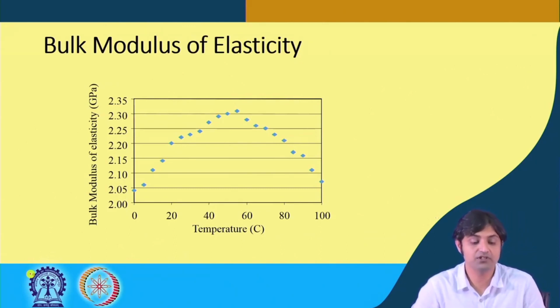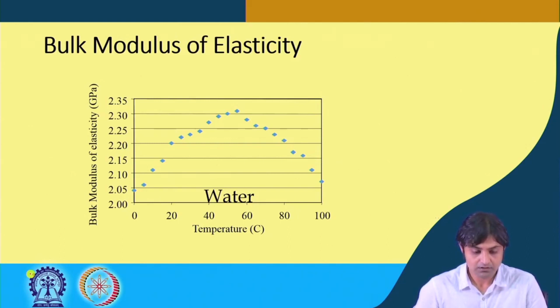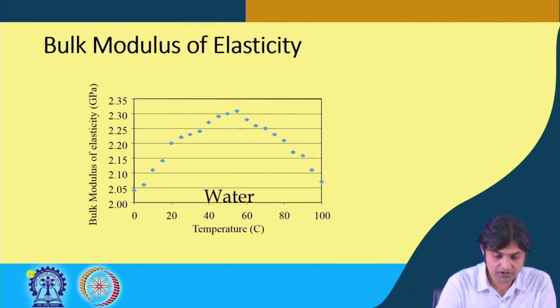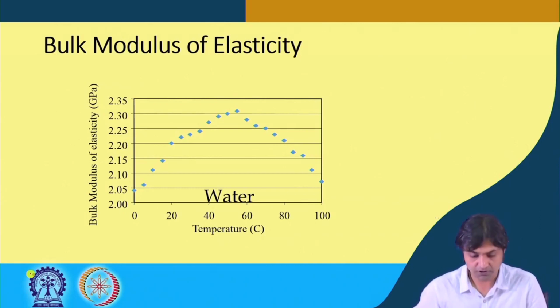These are the normal ranges of temperature in air. 100 degrees is very rare, but the most common ones are 0 to 30 degrees. In India it can be 0 to 40 degrees. So this bulk modulus of elasticity is for water.